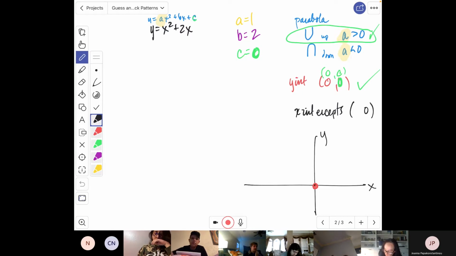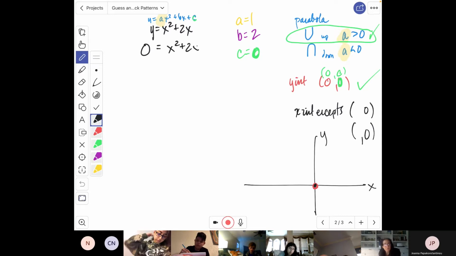So I've plotted my y-intercept. I kind of already know one of my x-intercepts, right? But let's talk about algebraically how we would find those values. So for x-intercepts, my y value is 0. So I'm going to take this equation and set it equal to 0, because that will allow me to find the values of x that make y 0.